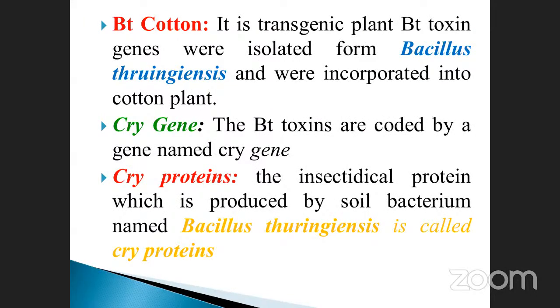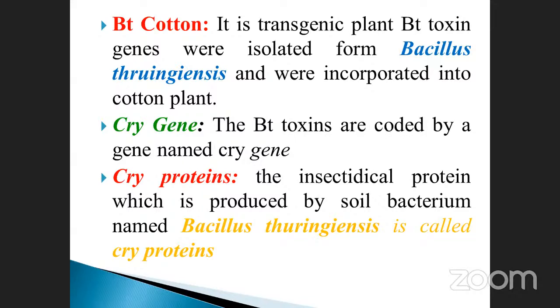This is also very, very important because it is also related to the Bacillus thuringiensis. So they are both the same. The insecticidal protein. Don't forget, my dear, insecticidal protein. Like that, they may ask a question about insecticidal properties: CRY gene or CRY proteins. The CRY protein is produced by the soil bacterium named Bacillus thuringiensis.